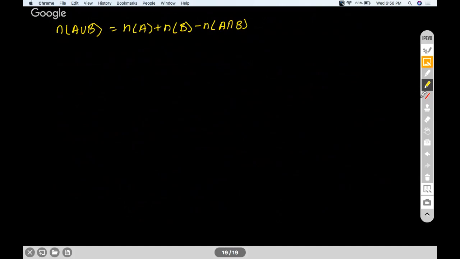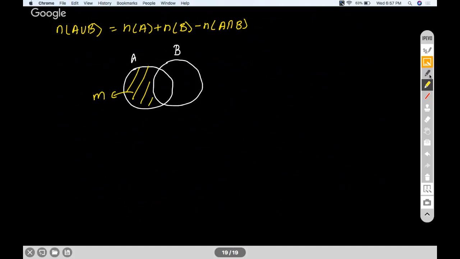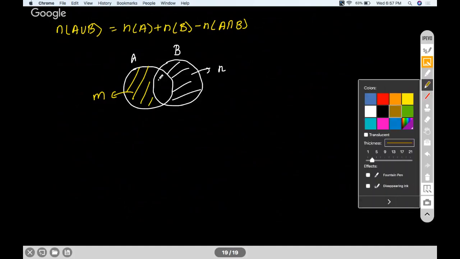So let's say we have this as set A, this as set B. Let's say this part, let me show this by yellow, is M. This part is N. And I change the color, this part here is O.